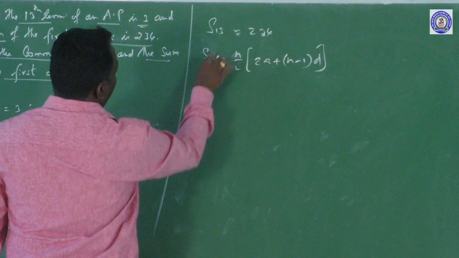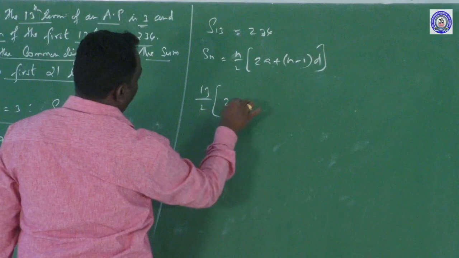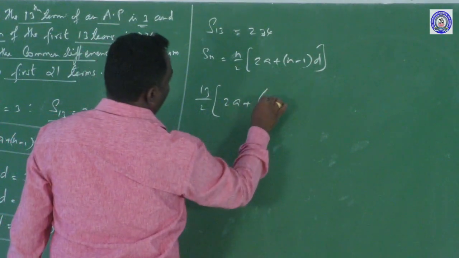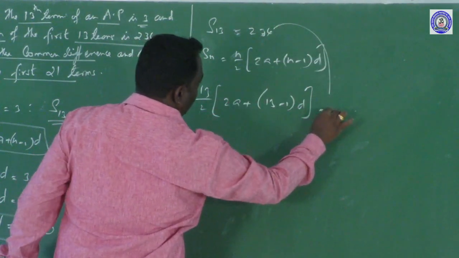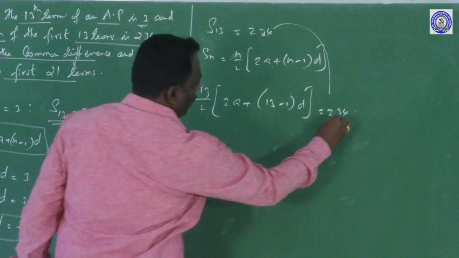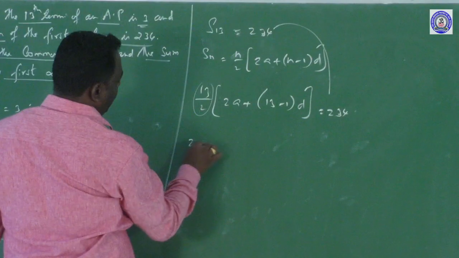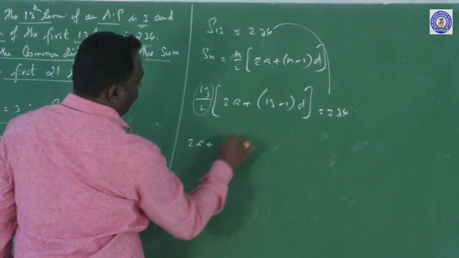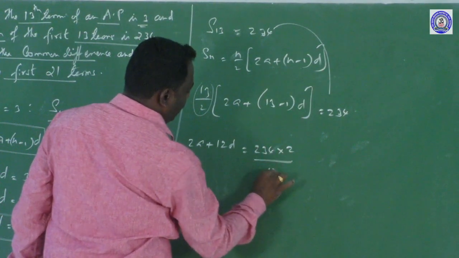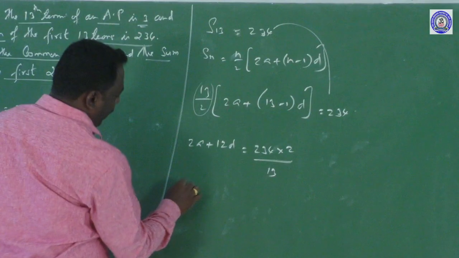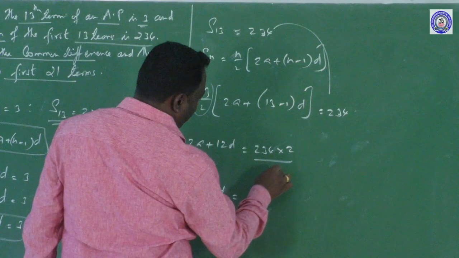Replace n with 13: 13 by 2 within the bracket 2 into a plus (13 minus 1) into d is equal to 234. Now transfer the 13 by 2 to the right-hand side. The remaining part 2a plus 12d is equal to 234 into 2 by 13.